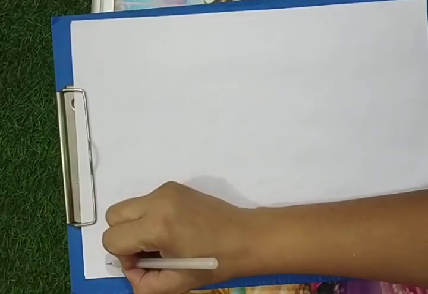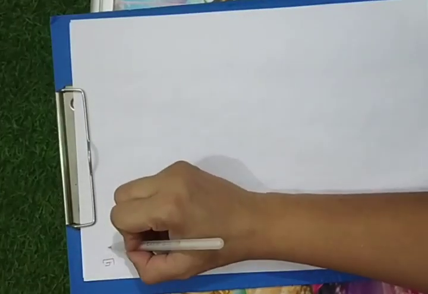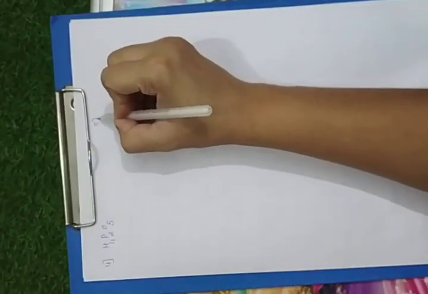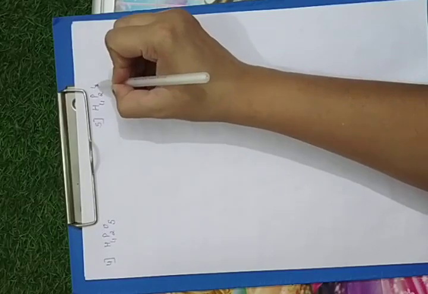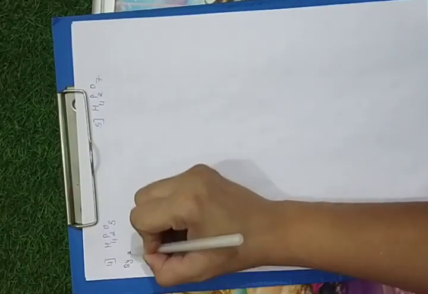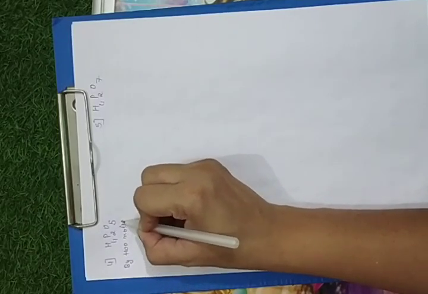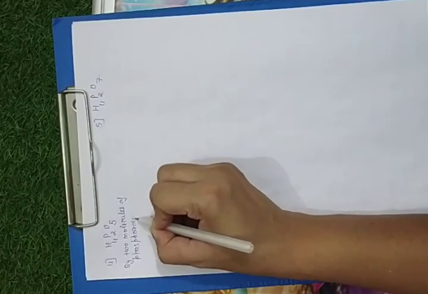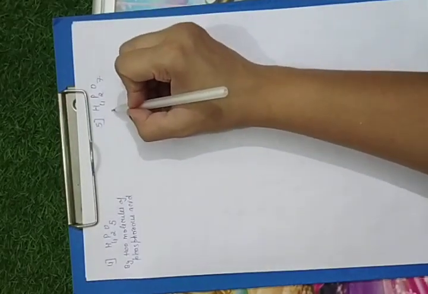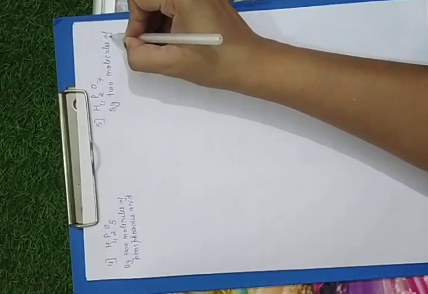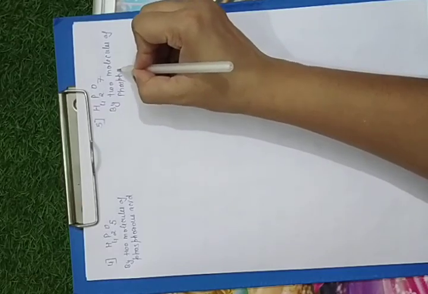So next one here is H4P2O5 and H4P2O7. These are formed by using 2 molecules of phosphorus acid, and the other is prepared by 2 molecules of phosphoric acid.